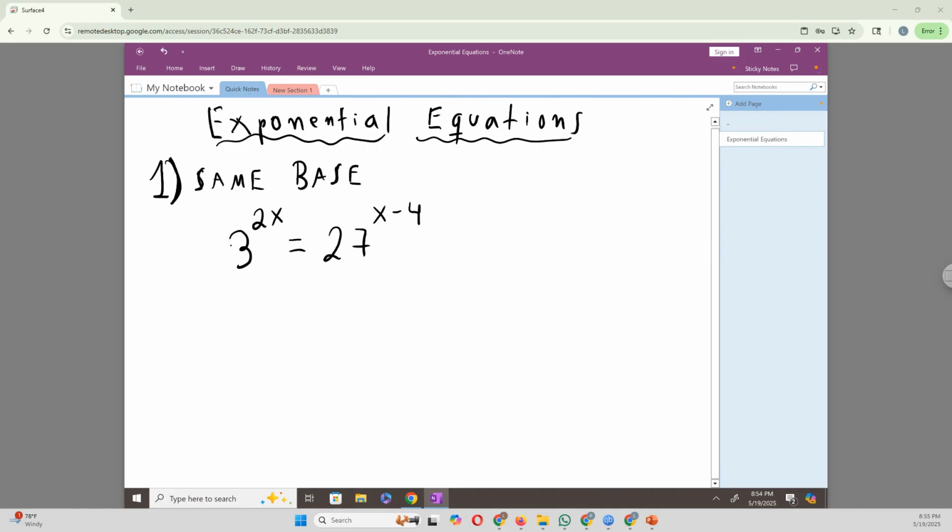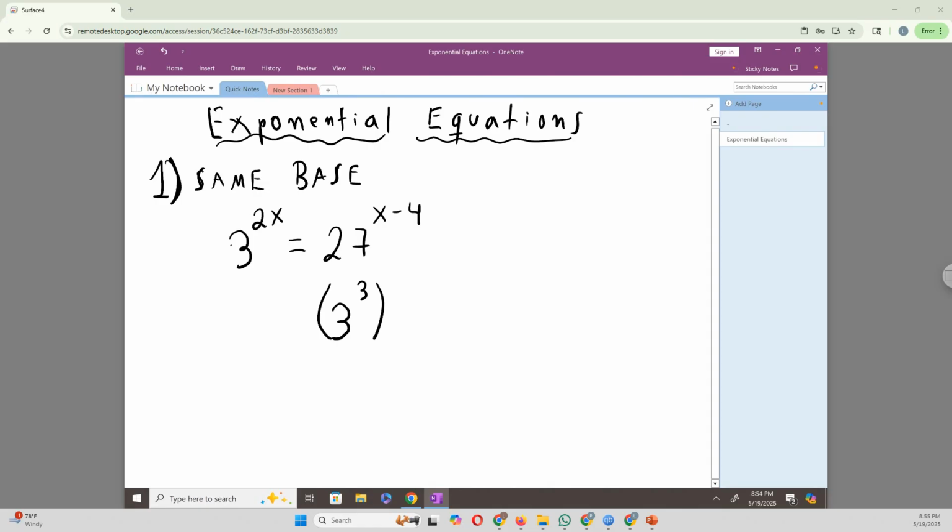Now again, we need to have the same base on both sides of the equation. So we have to convert 27 into 3 to the power of something. It will be 3 to the power of 3.